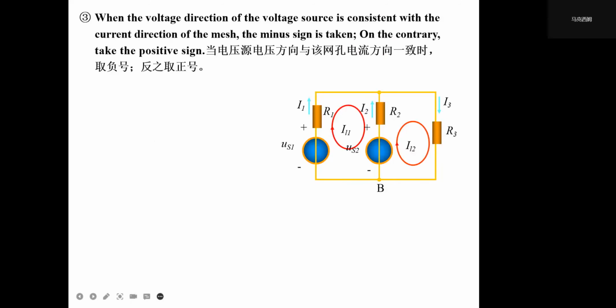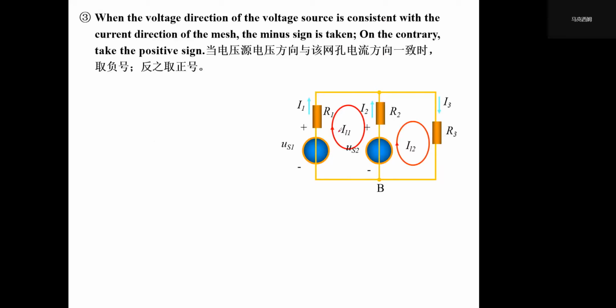And also we know that if the voltage source direction is associated with the mesh current direction, we give it a negative sign. Otherwise, we give it a positive sign. So we see this one.